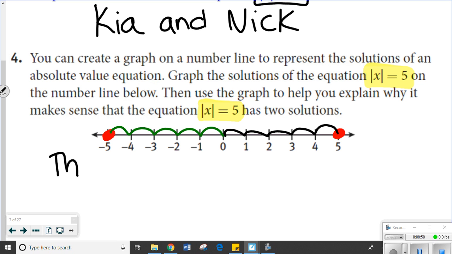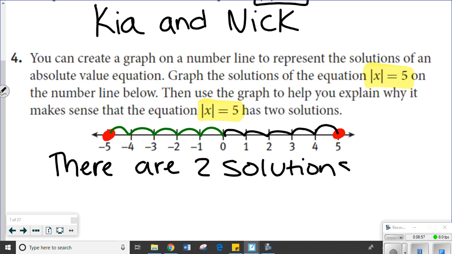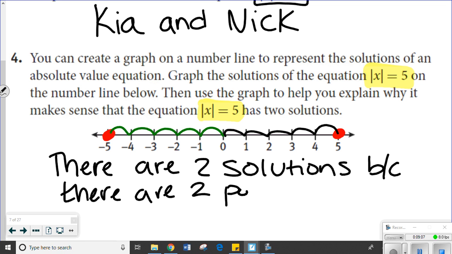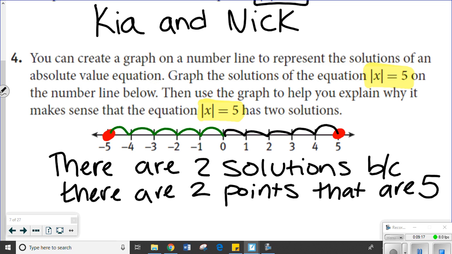So there are 2 solutions because there are 2 points that are 5 units from 0.